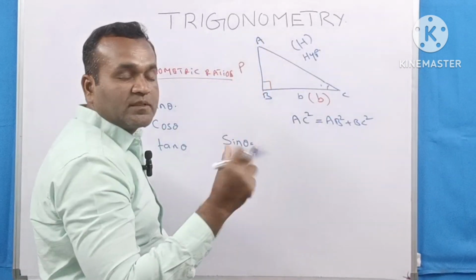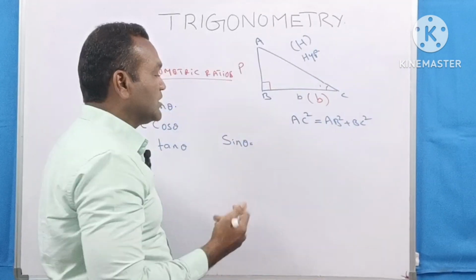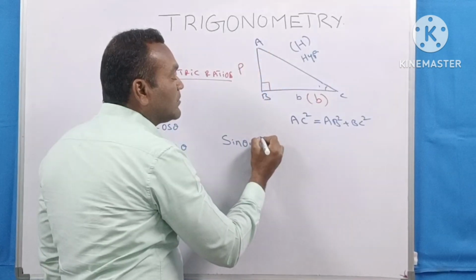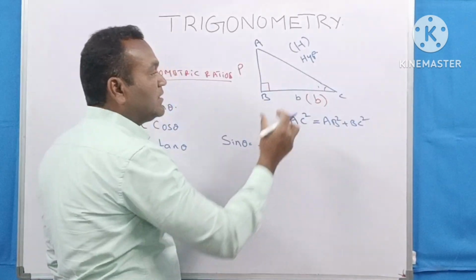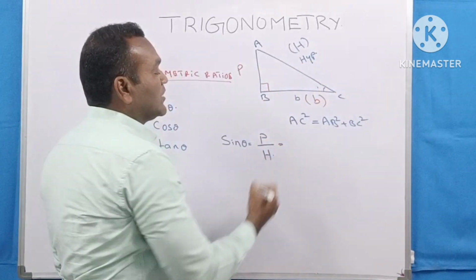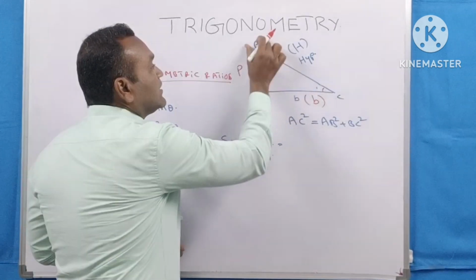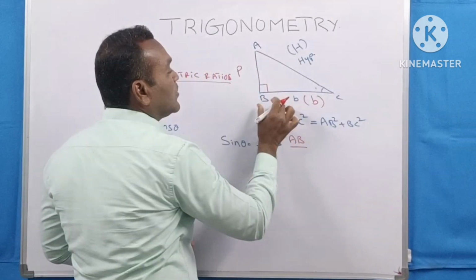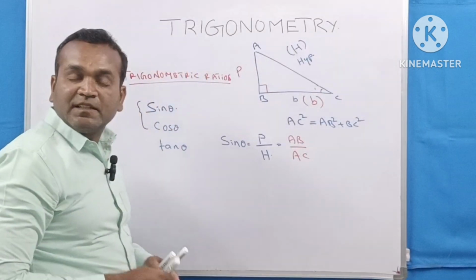You have two names: in a few books it is mentioned as perpendicular, in a few books as opposite. So as I have labeled here, I will write P upon, or divided by, hypotenuse, H. Or you can write it differently: this side AB divided by AC. Okay guys, is it easy?